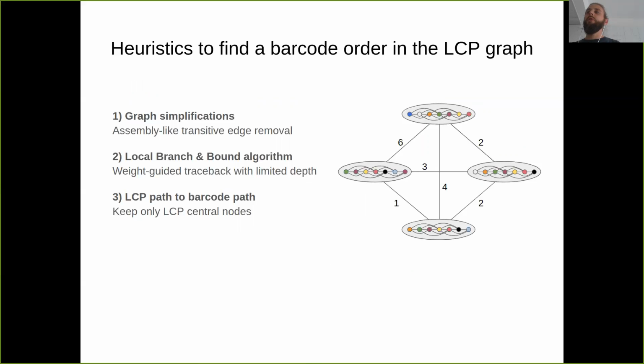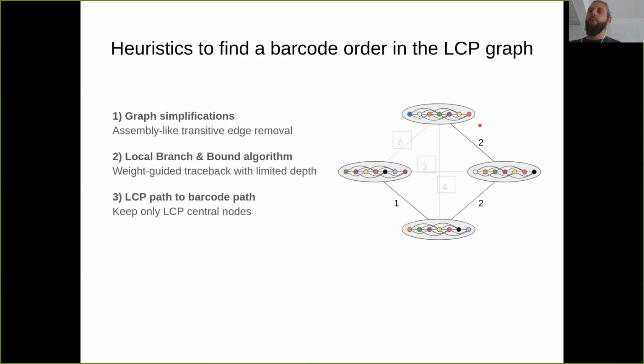We can try to extract a path from this graph, because if we can extract one complete path, we will have the order of all the barcodes that are along the genome. In fact, we want to travel the graph with the edges that have low values, because there are not many differences between the LCP.